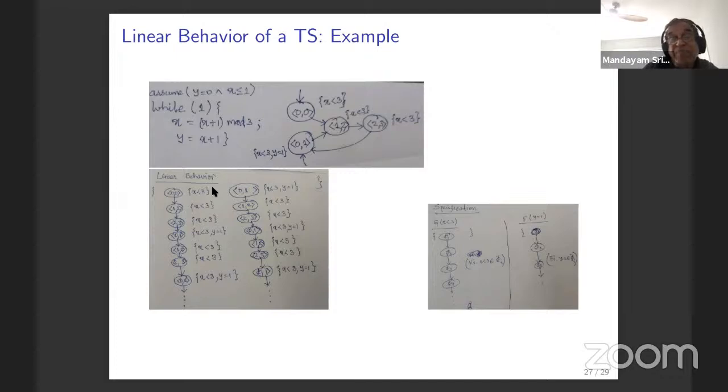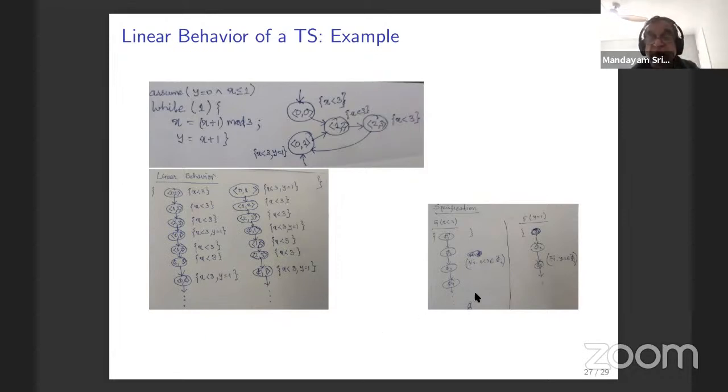Okay. Either you start from a state with x less than 3 and y can be anything, or here I should say y is equal to 0. But I'm not even keeping track of y. So x is less than 3, and then this is 1, and once I reach x less than 3, y 1, then the same thing continues.